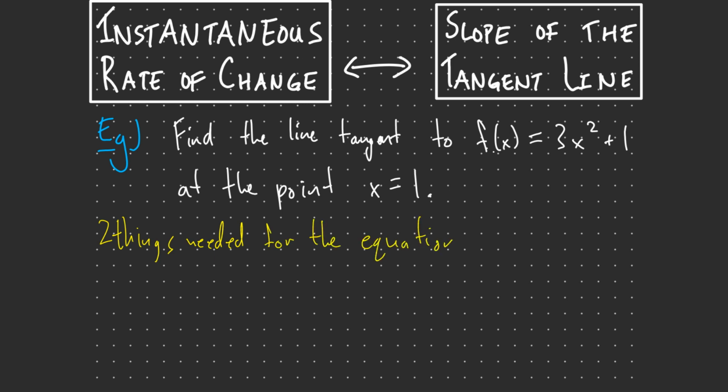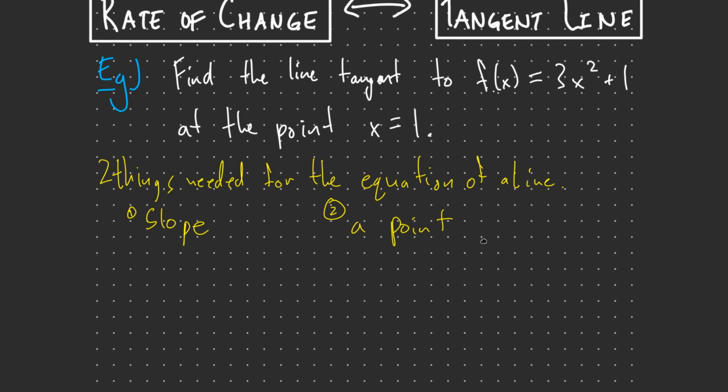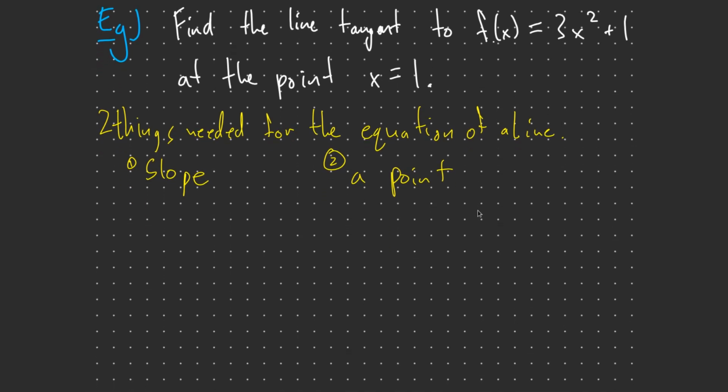And what are they? They are, one, you need slope, and two, you need a point on that line. Okay, so we're going to think about the properties of a tangent line for our function at a point, and use that conceptually to figure out what we need to do to figure out what these two things are.